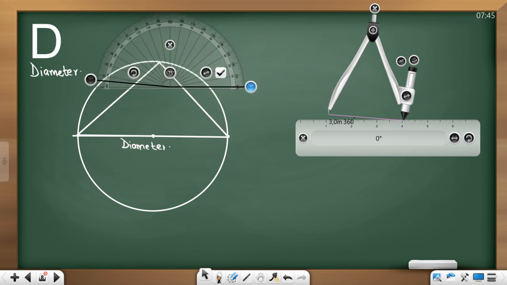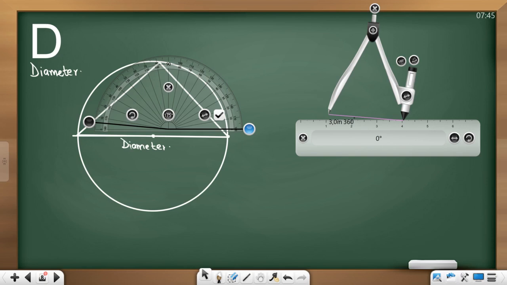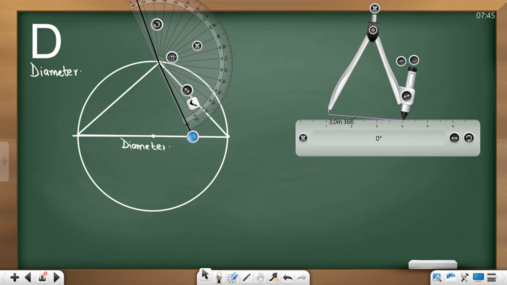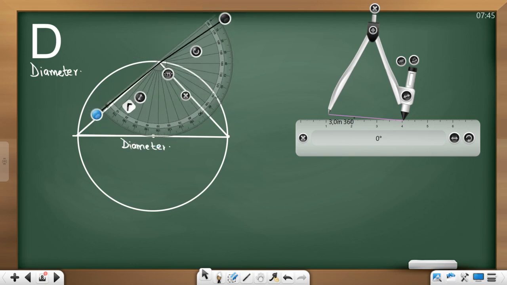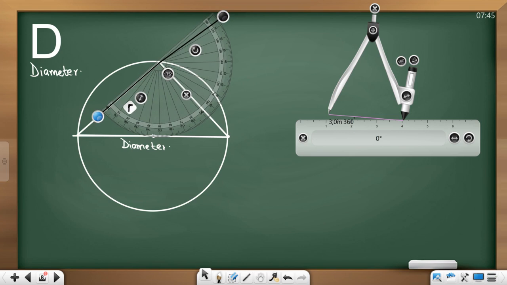So how are we going to measure this angle? I'm going to put my compass there, and I need to turn it. Let's do that. If I do this, beautiful. Is it straight? Not yet. Sweet.